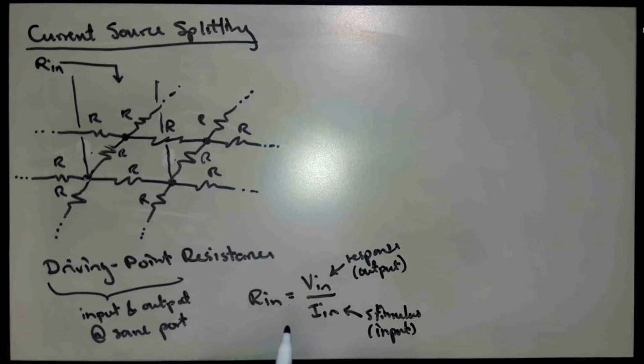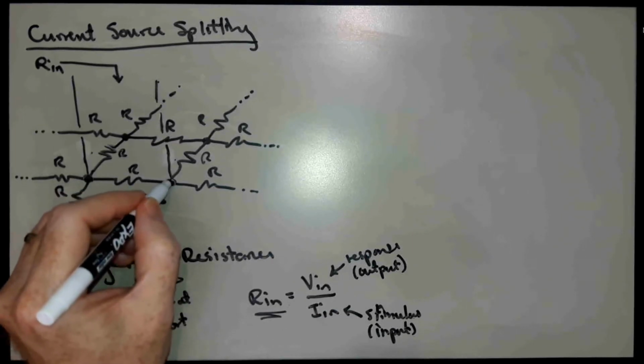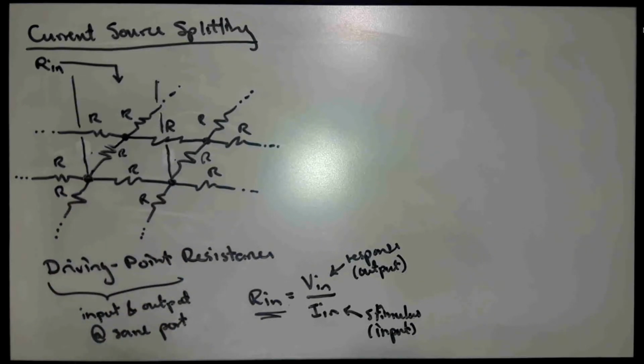But for certain purposes, it's important to bear in mind that if you're talking about a driving point resistance, the actual stimulus is a current, and the actual response is the voltage, even if you may want to compute it the other way around. And in that case, you're dealing formally with a driving point conductance transfer characteristic. And this is, in fact, how your multimeter actually works.